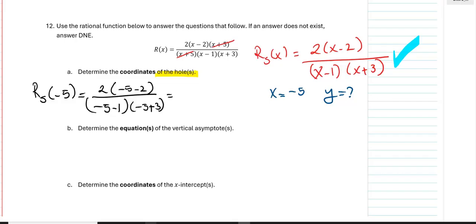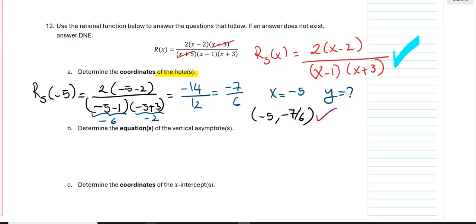So -5 minus 2 is -7. -7 times 2 is -14. So we're having -2 here times -6. That will be positive 12. So the y value will be, we can simplify it, -7 over 6. So the hole happens when x is equal to -5, y is equal to -7 over 6. Right, -7 over 6.